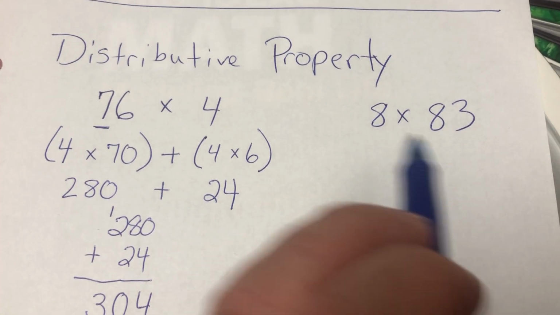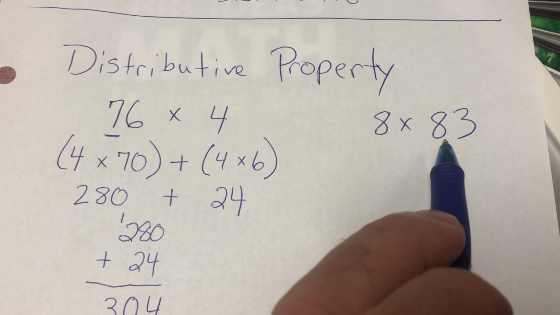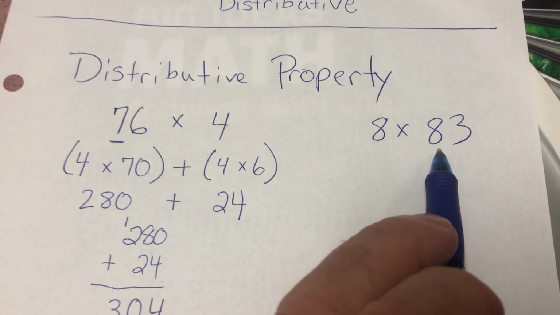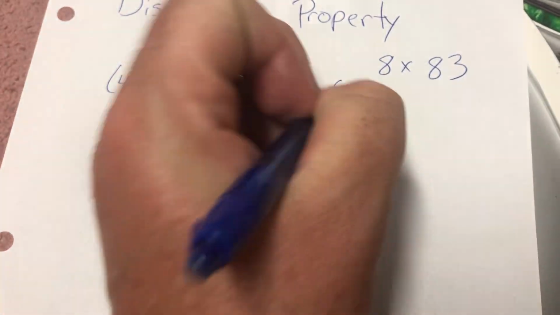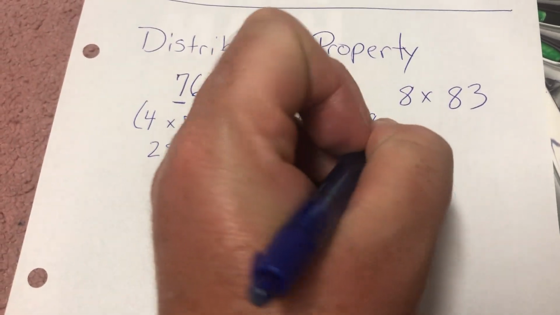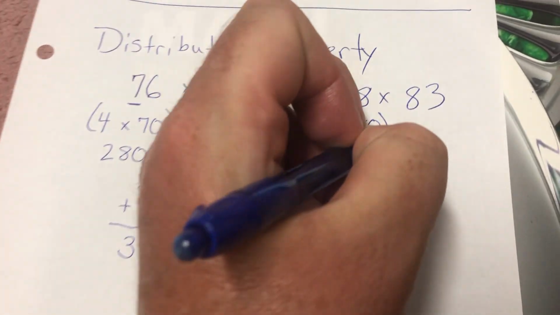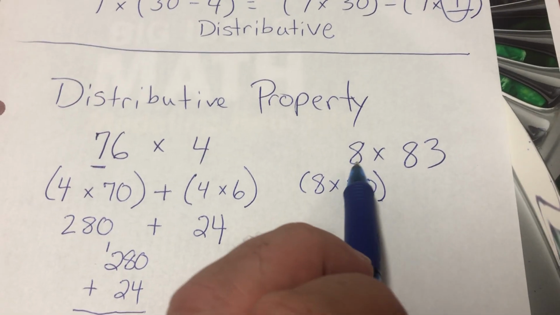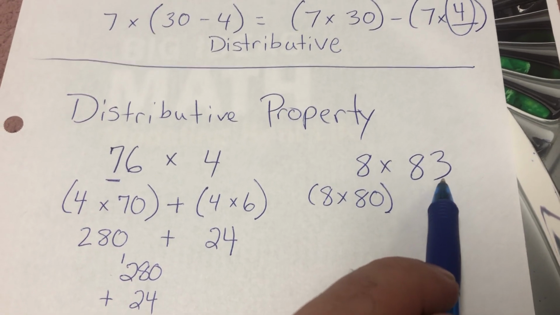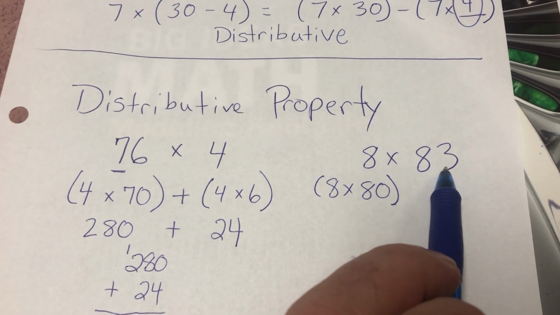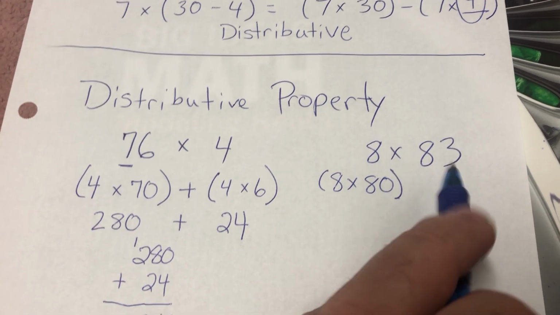All right? So, when I do 8 times 83, it doesn't matter whether the single digit comes first or whatever. The 8 is in the tens place. A value of an 8 in the tens place is 80. So I'm going to start this with 8 times 80. And then it's a 3 in the ones place. So I'm thinking 8 times 3.